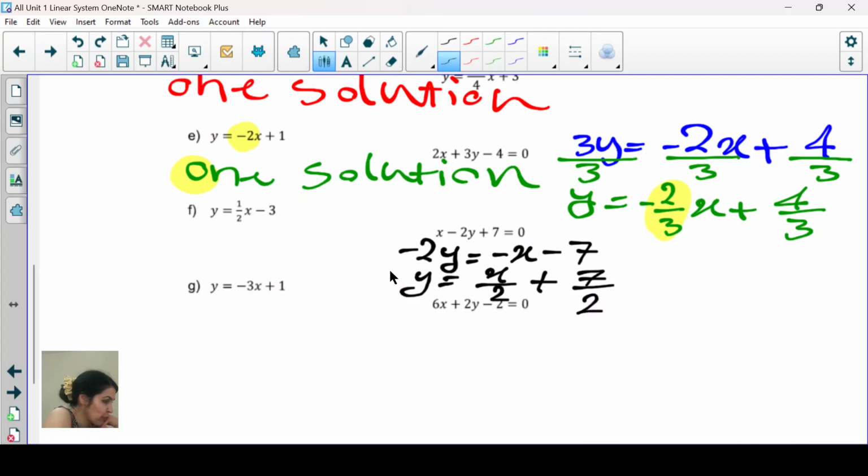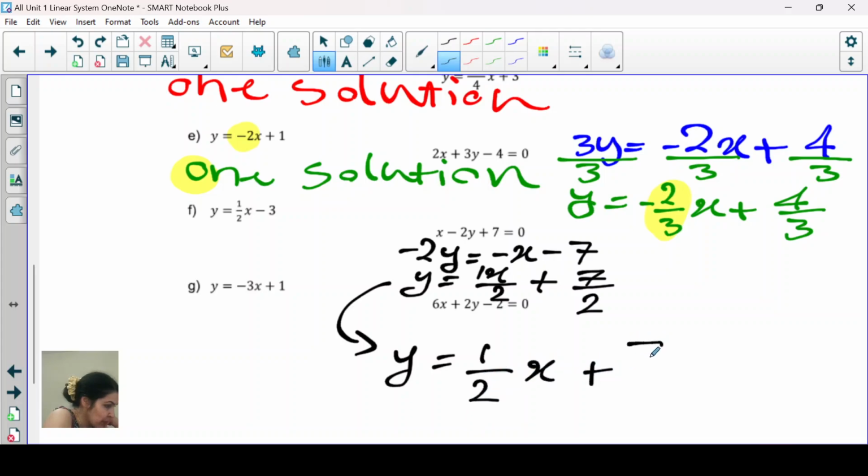So if you simplify, you will see this. It is equal to y equal to 1 over 2 x plus 7 over 2.